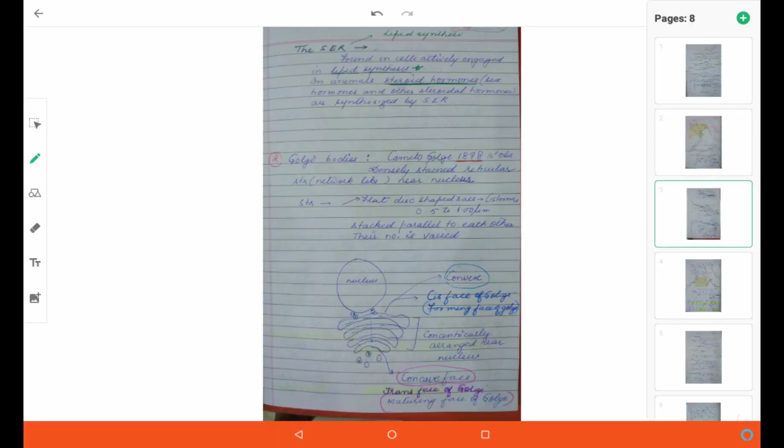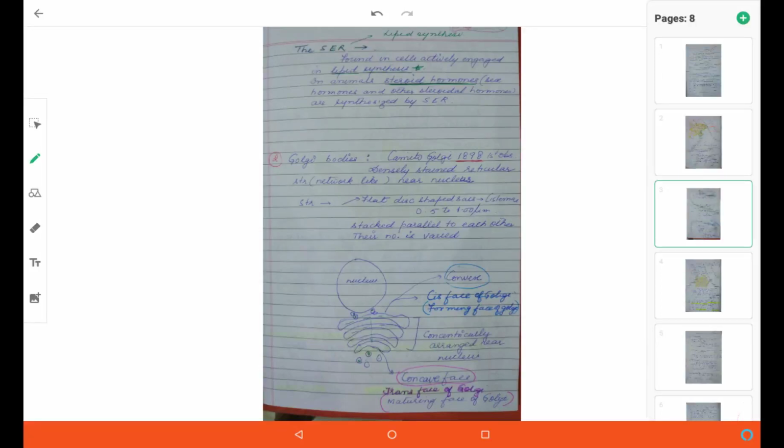However, it is actively engaged in lipid synthesis. The steroid hormones in animals, and other steroid hormones, are synthesized by smooth endoplasmic reticulum along with synthesis of lipids.